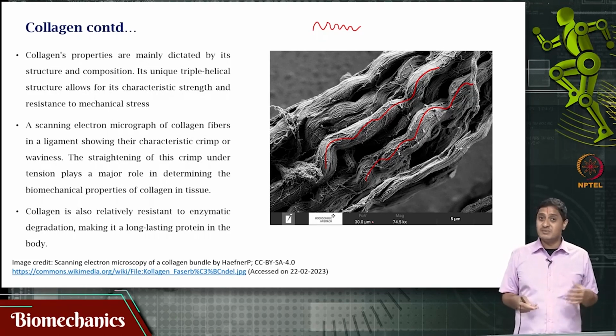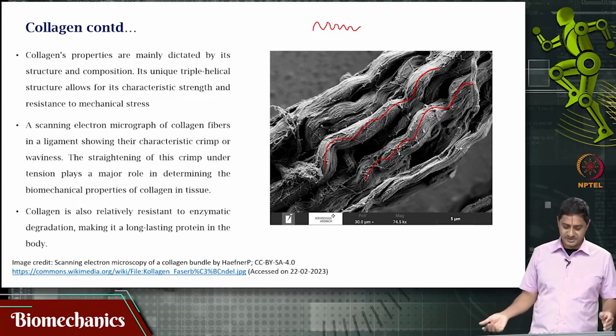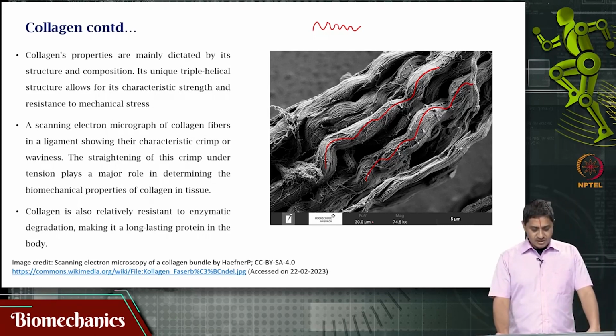And collagen is present in many different tissues. We just discussed that. It is present in tendons, it is present in ligaments, it is present in cartilage, it is present practically everywhere, in many different tissues. It is present in many different tissues because it is one of the most abundant proteins, is it not?